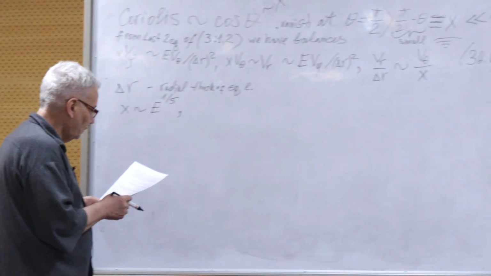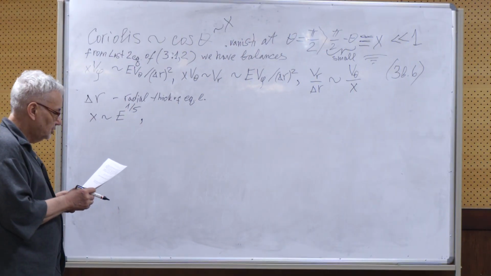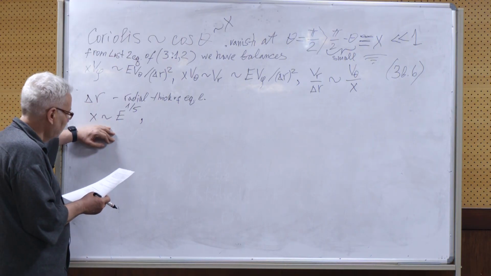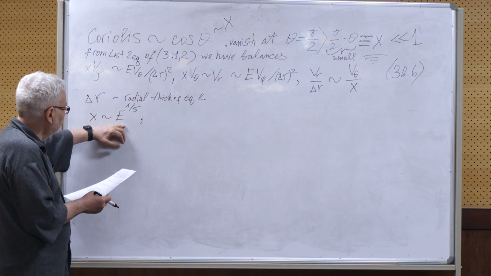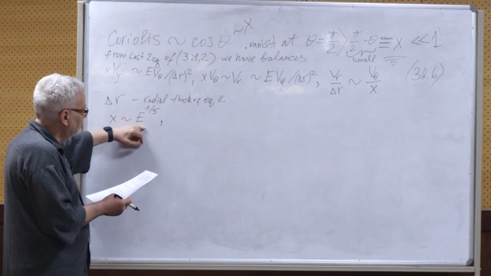This distance is the length of this equatorial shear boundary layer. But the thickness of the equatorial shear layer, which is associated here with x, is E to the 1/5, if we consider all the previous balances which I showed.